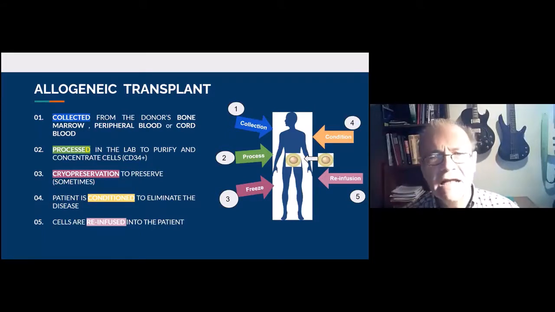The process in the lab is to purify and concentrate cells, with the stem cells identified by CD34 by flow cytometry, and cryopreservation to preserve sometimes. The patient receives conditioning to eliminate the potential disease, and cells are infused into the patient.